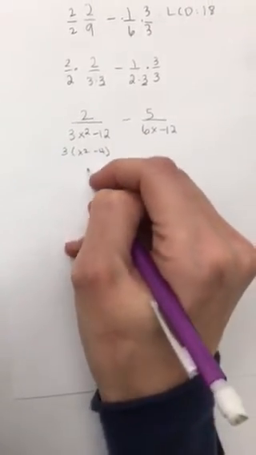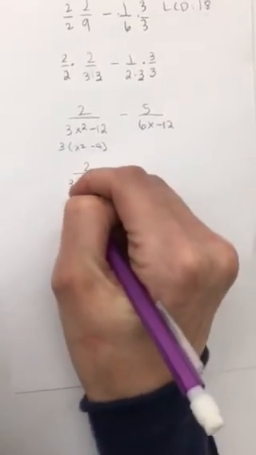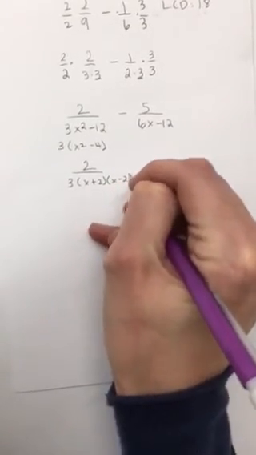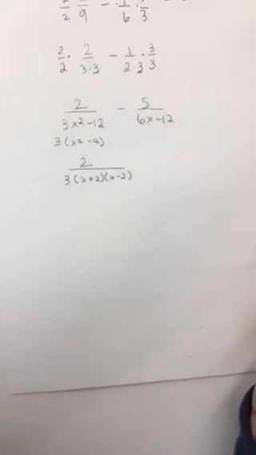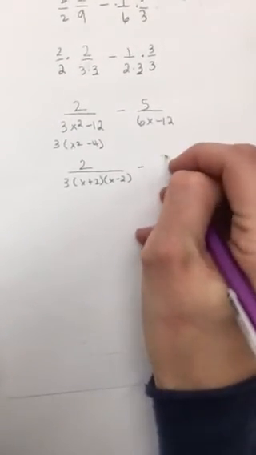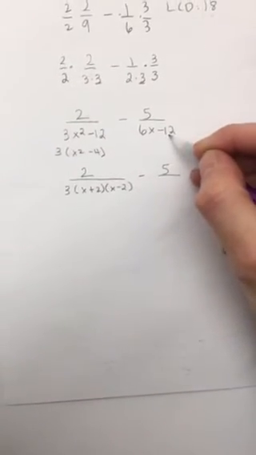Let's actually rewrite this whole fraction. 2 over 3 parentheses x plus 2 and an x minus 2. Is that okay? So far, so good? All right, now over here I have a minus 5 over, let's see, really just a GCF here.